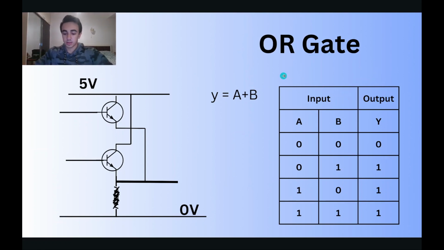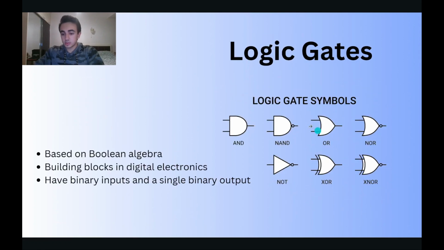So this negative variant of OR is NOR. This one has a little circle here that represents that it's negated. So it outputs 0 in all the cases that OR outputs 1.